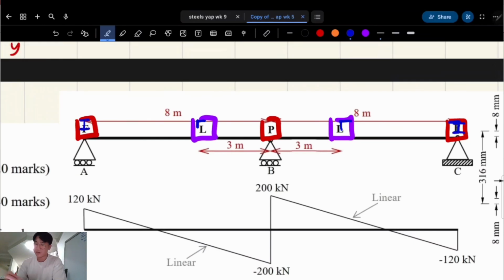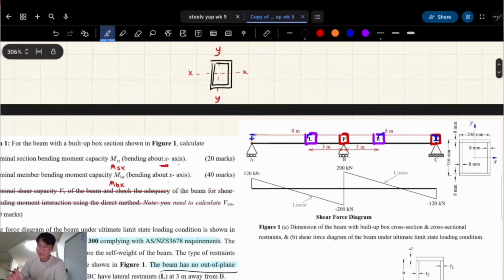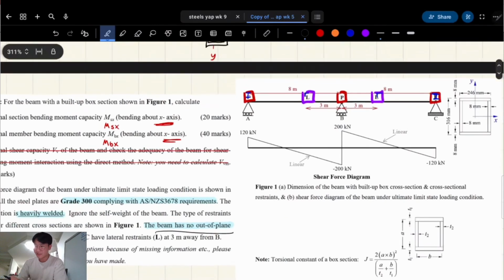I'm not sure what a good example of the partial restraint is, to be honest. Maybe a partial beam. I don't want to draw something incorrect, but just pretend there's something else that's partially restraining. There are proper definitions in the code, but anyway.